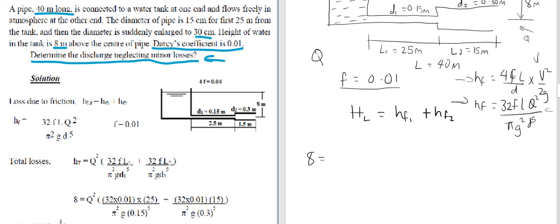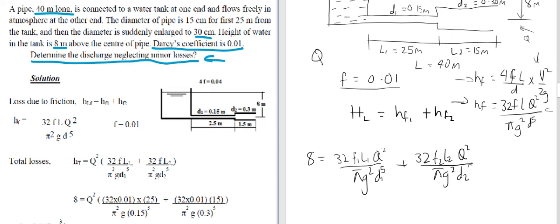So now let us bring up the formula: 32 F1 L1 Q square over pi G square D1 raised to power 5, plus 32 F2 L2 Q square over pi G square D2 raised to power 5.